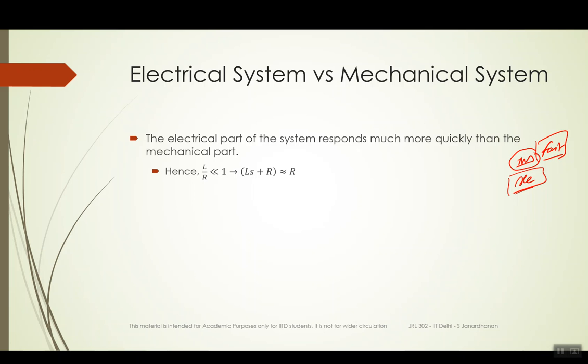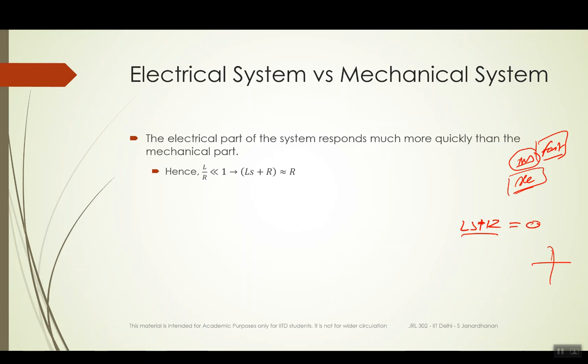Now let's see both of those cases. So when you say Ls plus R, how do you analyze whether the mode is stable or not? We see whether the solution of Ls plus R equal to 0 has s on the left hand side or the right hand side of the imaginary axis.